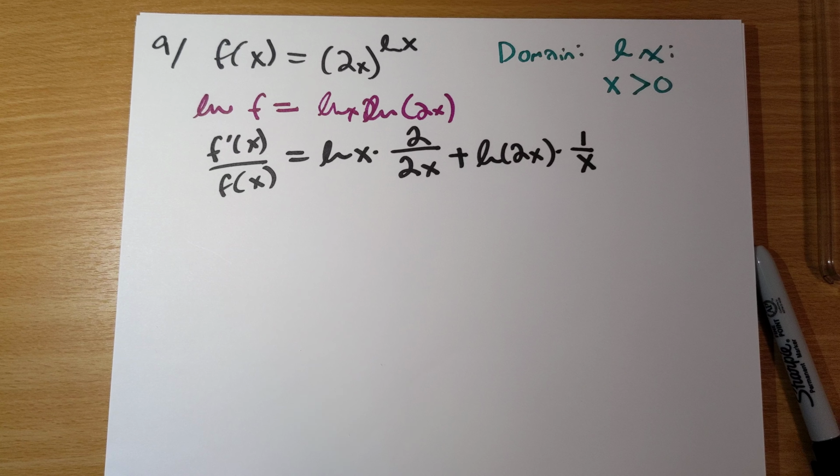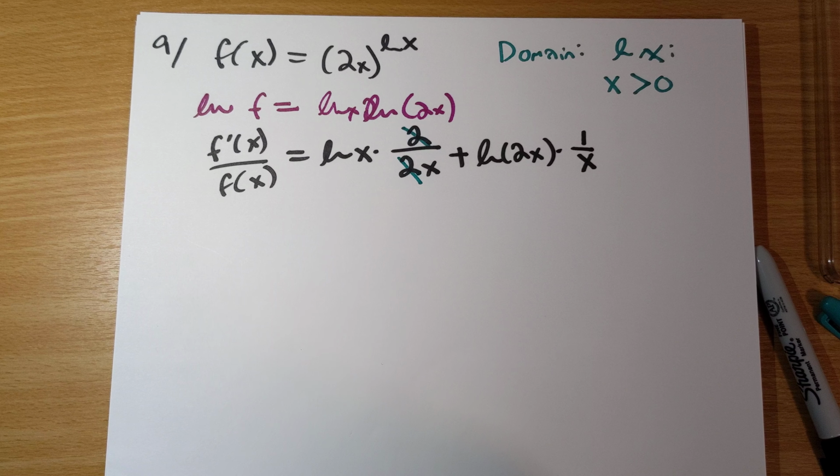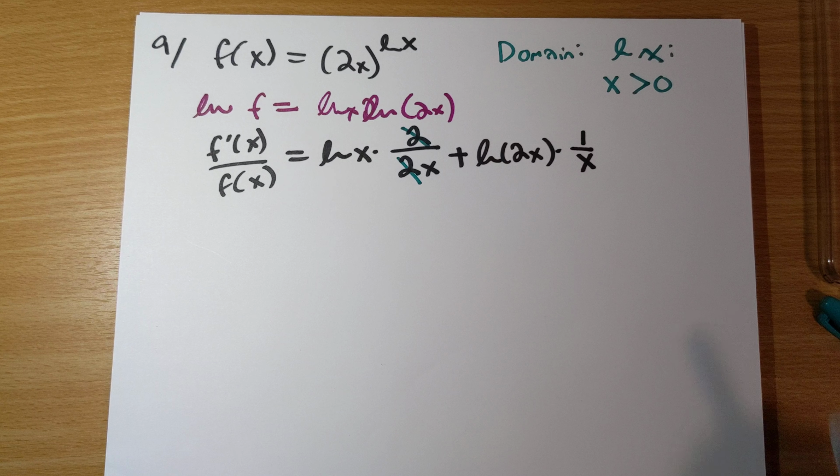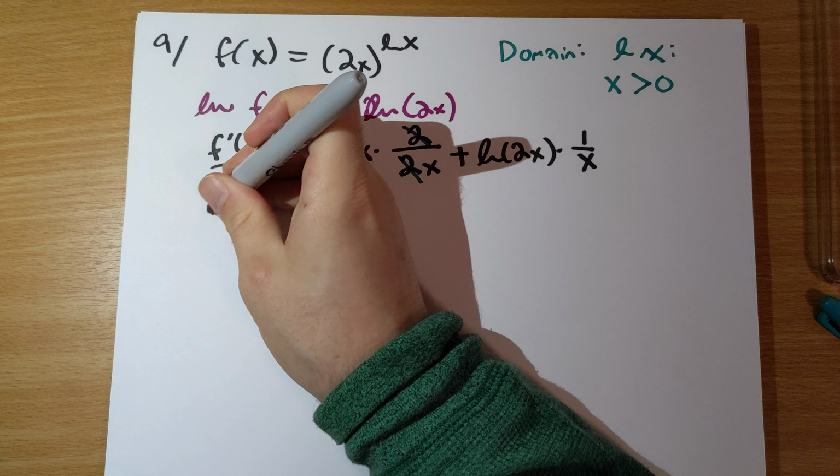Okay, how can we simplify this? Well, those 2's will cancel here. And let's swing f of x over to the other side.